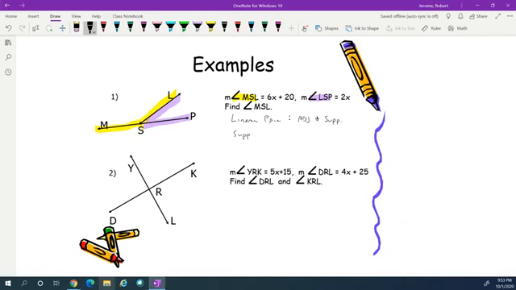Supplementary means two angles add to 180. So that's what we're going to do. We're going to take angle MSL, add angle LSP to 180 degrees. One definition leads to the next.